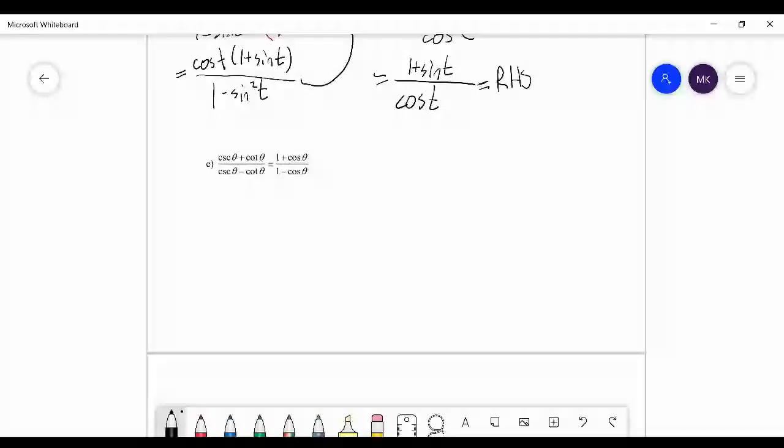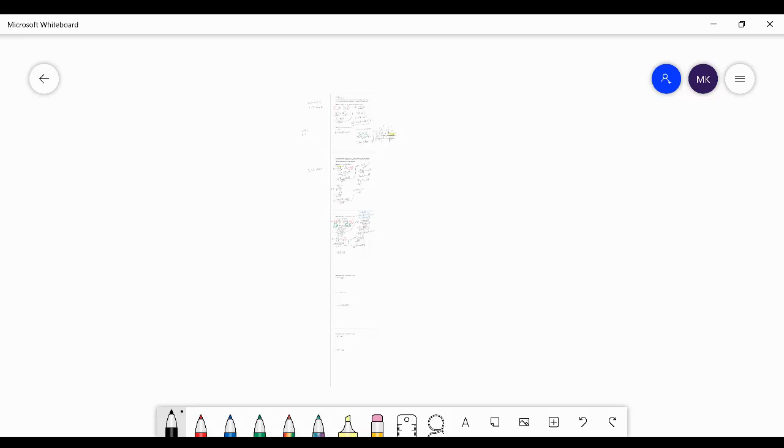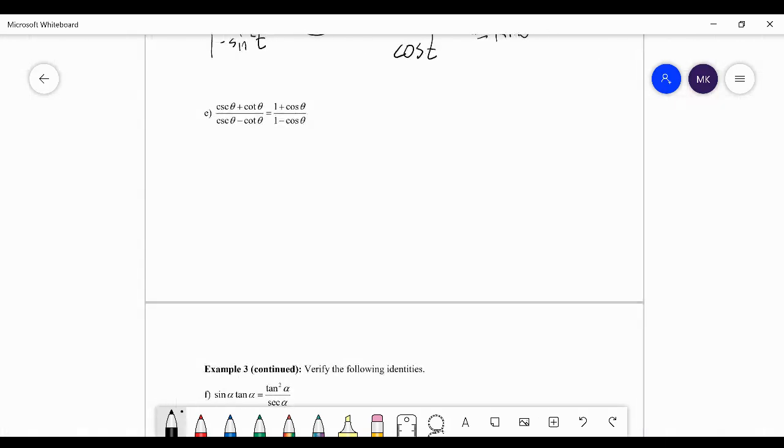And what's telling me I want to do that, first of all, is I have cosecant and cotangent, and those are not things that I deal with a lot. Sines and cosines are more comfortable. But also, if I look at the right-hand side, I have cosines over there, so I'm going to need to get to cosine eventually. So let's just start.